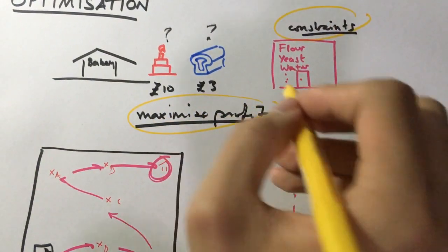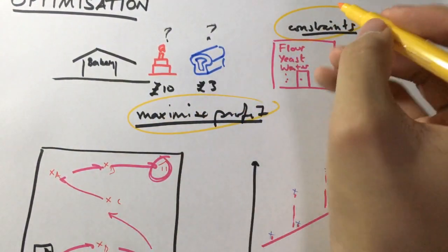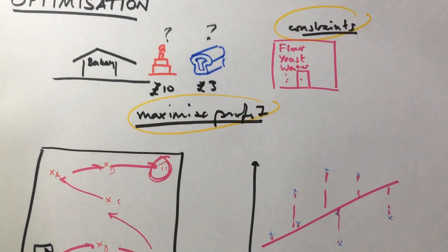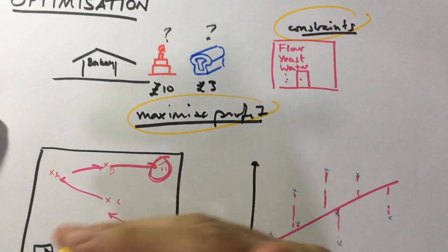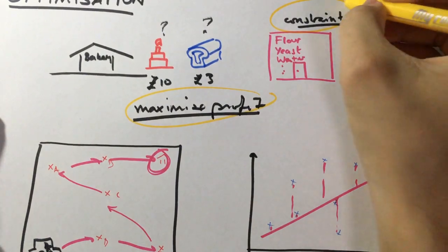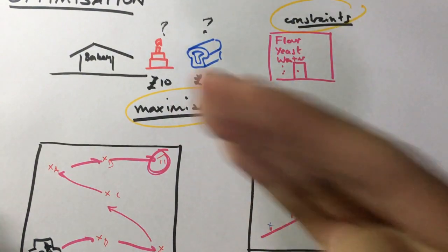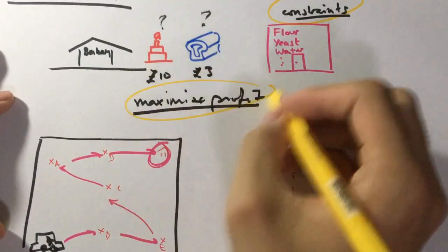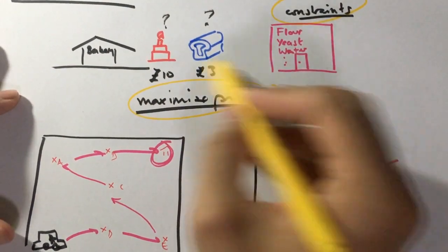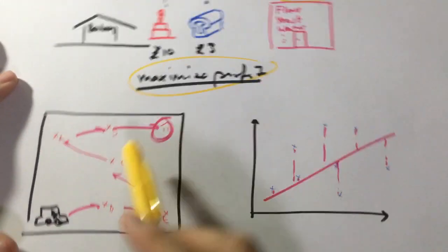The objective is what you want to do, for example maximize something. And the constraint is something that stops you from just going wild with it. So in this case, maximize profit, with constraints being the material.